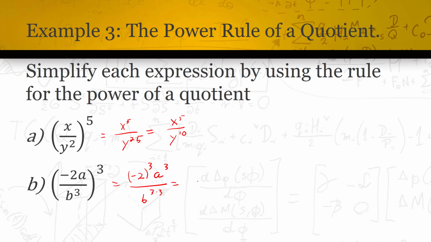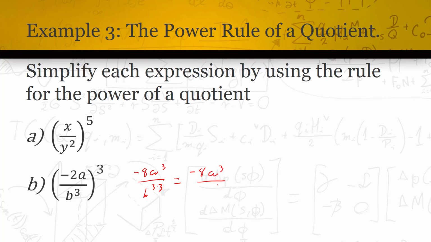All right, well, negative 2 cubed is negative 8. a cubed is, well, a cubed. And then b to the 3 times 3 power is b to the 9th. Sorry about that, it appears I hit the wrong button, but nonetheless, to simplify this, you will have negative 8 a cubed over b to the 9th.